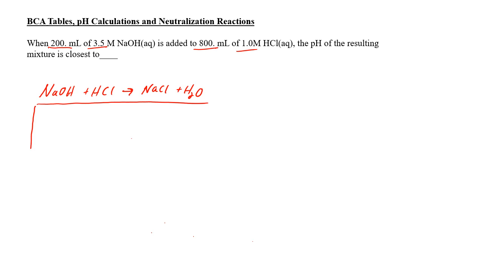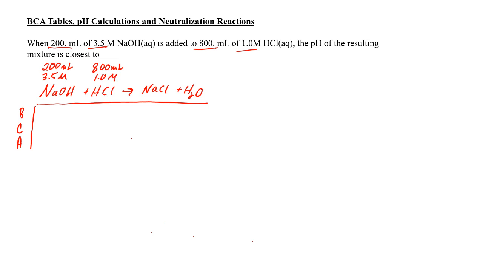We set up a BCA table. And remember, with a BCA table, we can only use moles. So let's organize our information, and then we'll calculate the moles of each. Here we have 200 mL of a 3.5 molar NaOH. And with the HCl, we have 800 mL of a 1.0 molar.